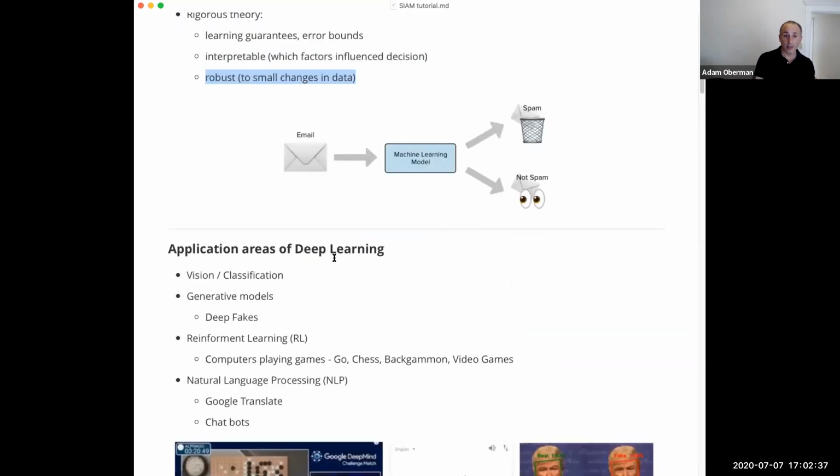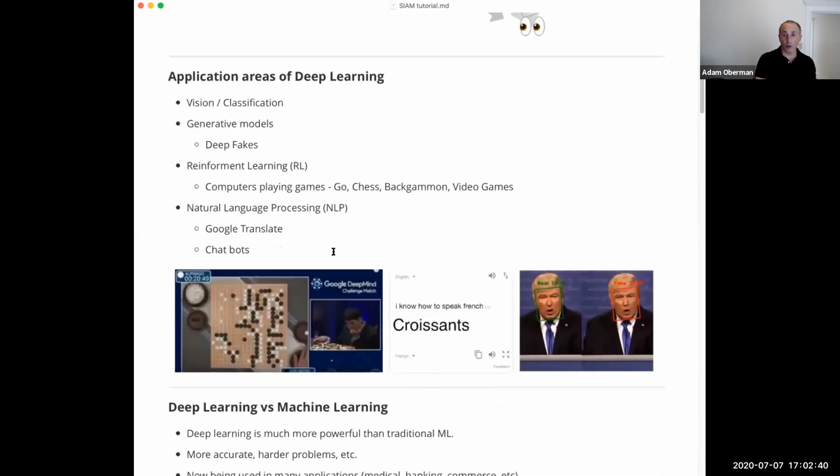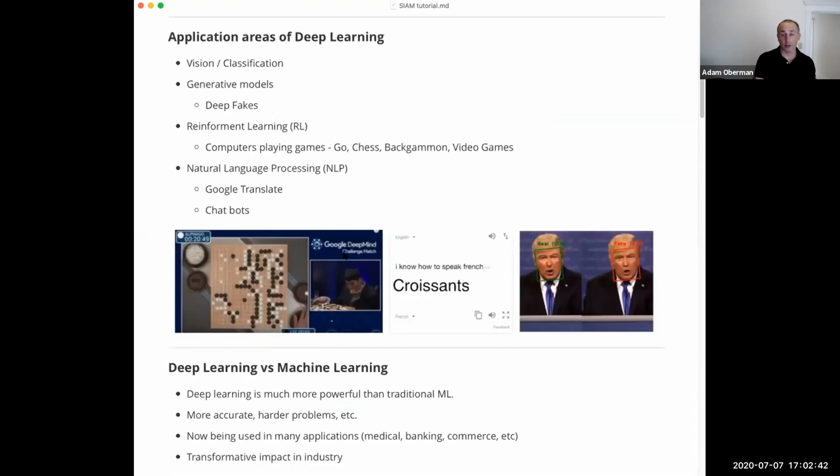On the other hand, deep learning is just so much more powerful than traditional machine learning that everybody's using it. The main areas that I'm aware of are vision, like image classification, and generative models, where you have a bunch of samples from a distribution and you want to generate more. That includes deep fakes or fake celebrity faces, which you may have heard of. There's reinforcement learning, which is computers playing games.